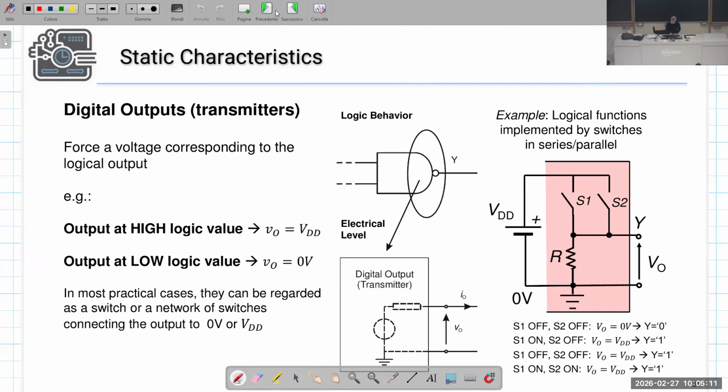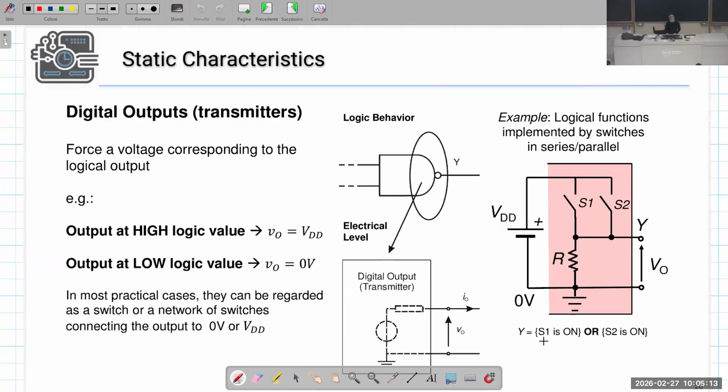So actually, in this case, the Boolean, the logical function that gives the output variable as a function of the conduction state of the switches is: Y is 1 if switch 1 is on, or if switch 2 is on.